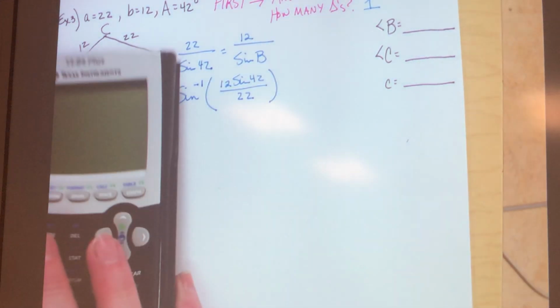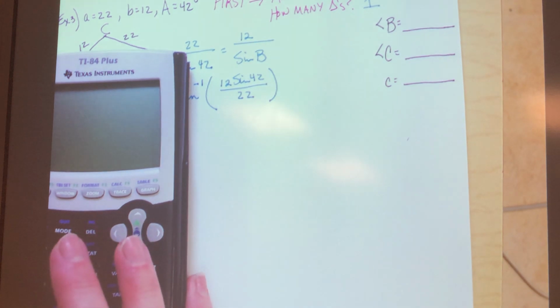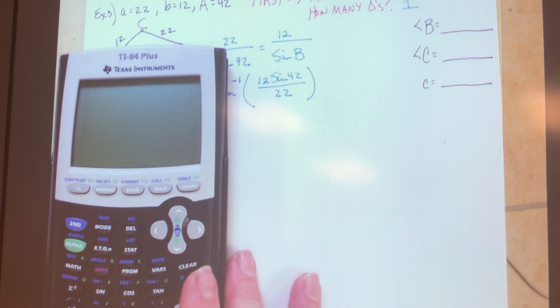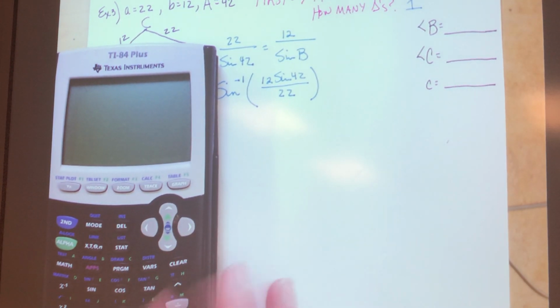I'm gonna put it in my calculator, so I'll get my little light back so you can see it. In my calculator, I'm going to say second and sine. I'm gonna use the fraction button. On the top of my fraction, I have 12 times the sine of 42. Still have to close that parentheses.